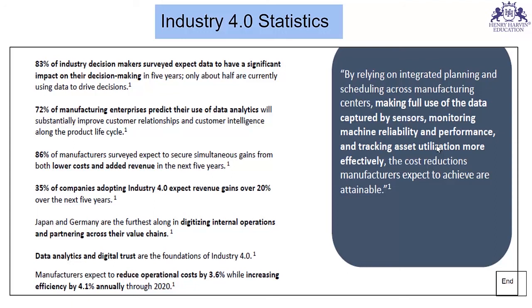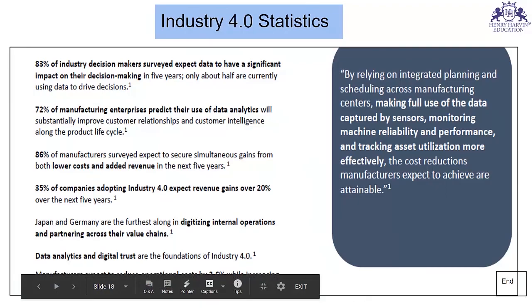Because of Industry 4, you can see the cost getting reduced, thereby increasing the efficiency. So we end this presentation here. We tried to understand what is Industry 4, the pillars behind it, and what it actually means, and what our customers are wanting from Industry 4 to take place.